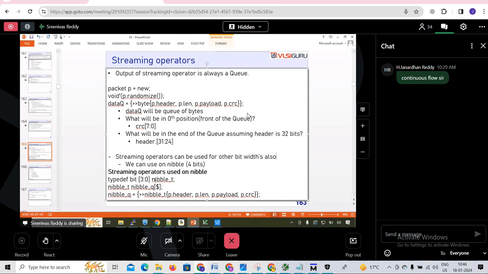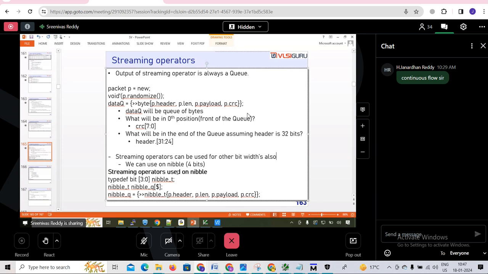For example, if you want to use it for a nibble, how many bits is that? 4 bits. Is there any nibble data type in SystemVerilog? Like we have the byte data type, bit. Is there a nibble data type? That is where SystemVerilog provides a concept called user-defined data types. Since a nibble data type is not there, you can define your own. Let me repeat.